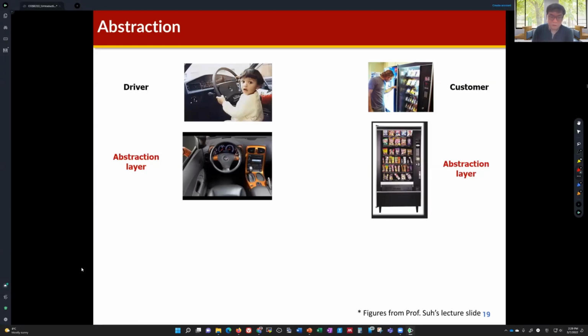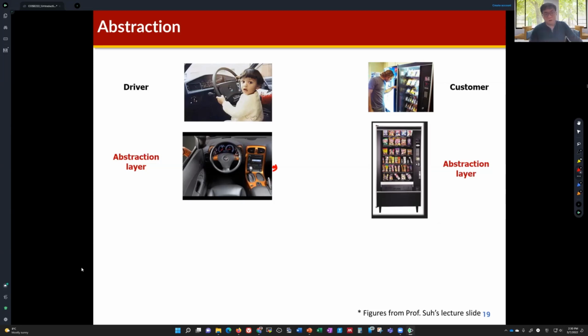What is this photo? It's a driver, and this is the abstraction layer. In order to drive a car, which knowledge is required? Everyone knows a car is a very complex system with many components inside, and the mechanical connections between them are very complex.